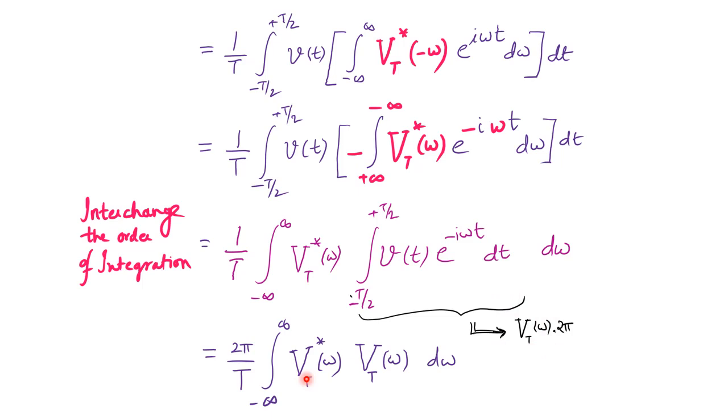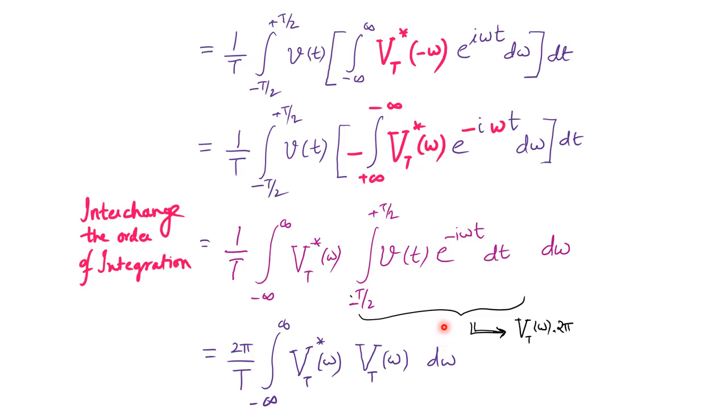So what I have gotten here is now V_T star omega, V_T omega d omega, and I now need to integrate from minus infinity to plus infinity. So this change of the order of integration, or interchanging them, is a crucial step here. Of course, invoking also the fact that my signal is real.